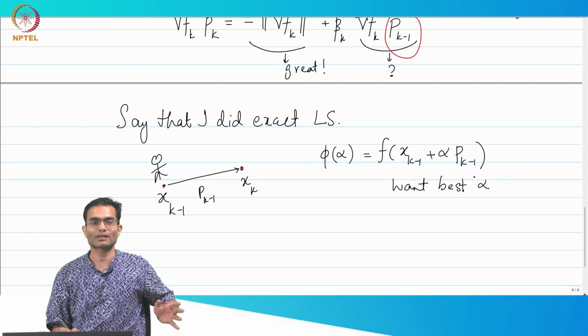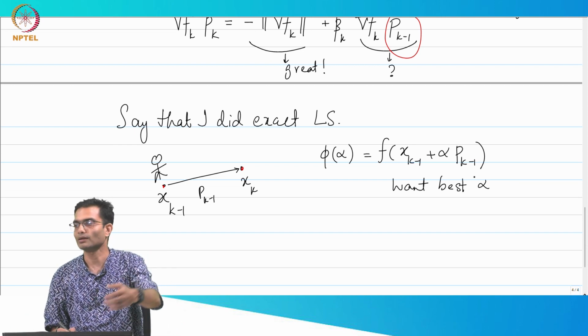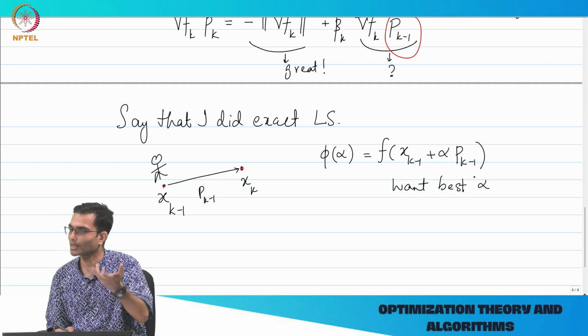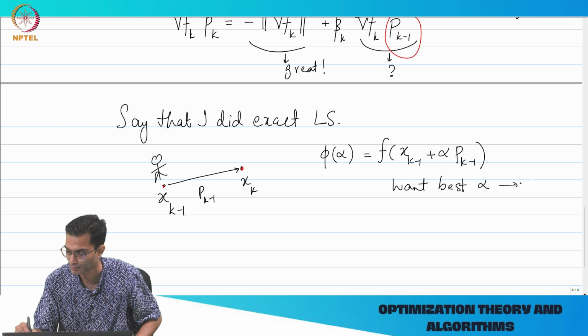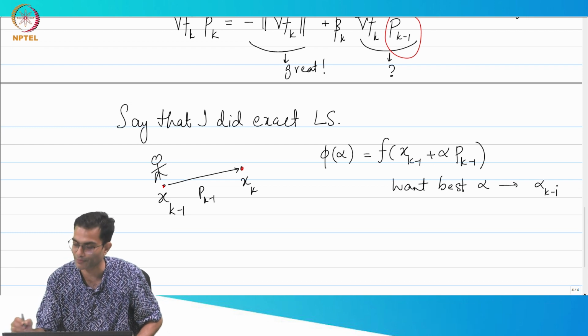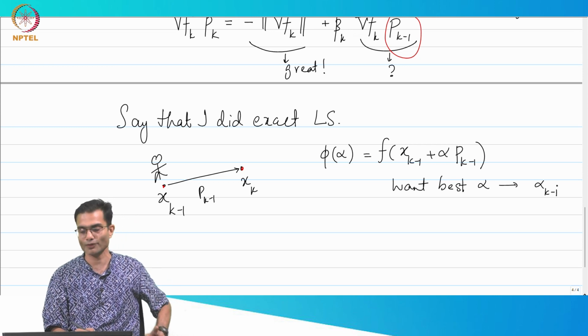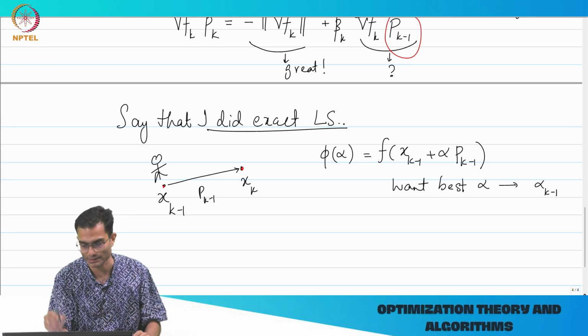And whatever best alpha I get, what will I call that? I will call that alpha k minus 1, whether by exact or inexact line search. Let's now, for sake of argument, assume that I did exact line search.